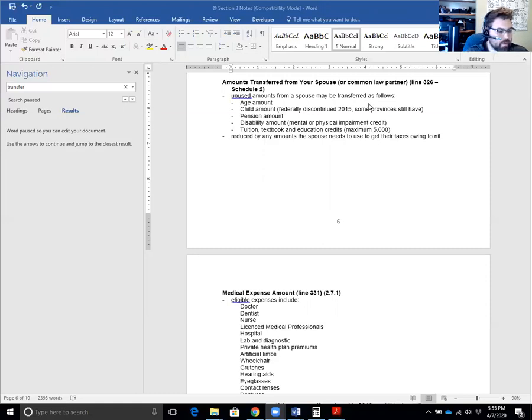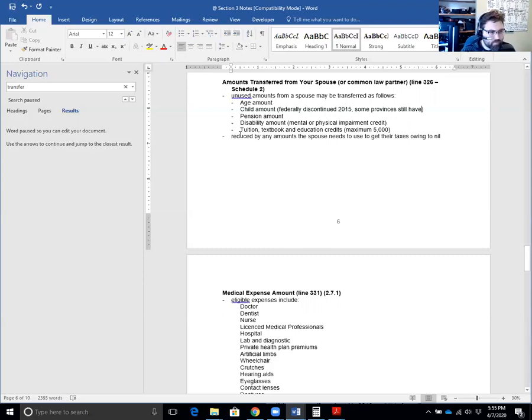So the lower income spouse can transfer certain credits over to the higher income spouse who would need them to lower their taxes. So we've got the age amount that can be transferred, the child amount, which was federally discontinued in 2015, but some provinces still have the child amount for provincial taxes, and the pension amount, disability amount, and the tuition, textbook, and education credits, which we already talked about, and we already explored how to transfer those amounts over to a designated person.